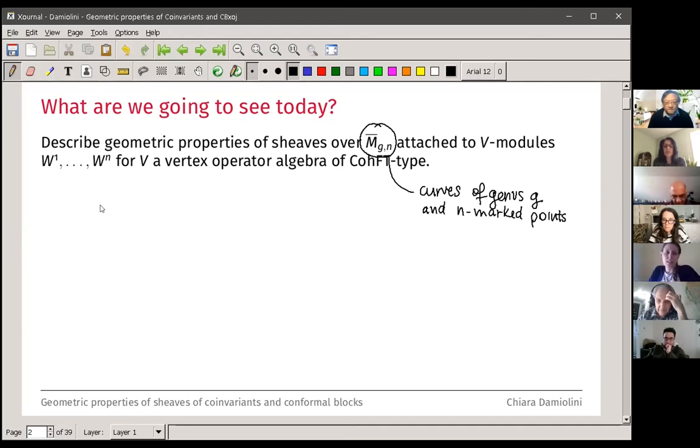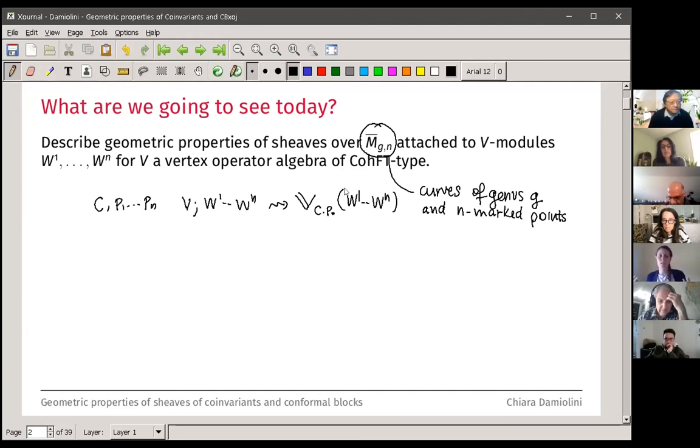The main idea is that every time I fix a curve and enough points, and I fix a vertex algebra and enough representations, so if I have n points I have n modules, then I can cook up a vector space, which, if I vary the curve and the points in this moduli space of curves, fit together to define a sheaf. Under certain conditions, these sheaves are vector bundles.